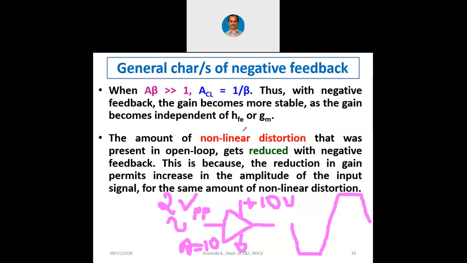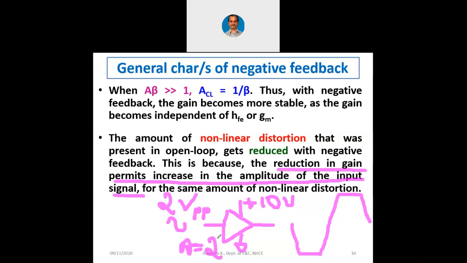Now, because of the negative feedback, the closed loop gain gets reduced. Now, instead of A equals 10, let us say A equals now 2. If A equals 2, you can see here the reduction in gain permits an increase in the amplitude of the input signal.